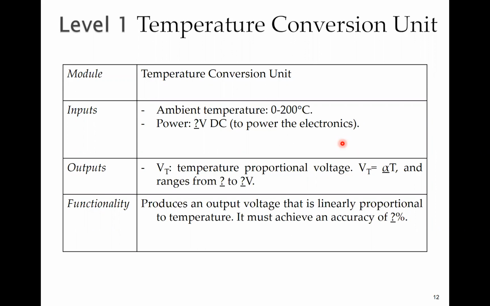That's an analog voltage proportional to the temperature with a coefficient alpha. We do not know the range of voltage here. We have to determine. Functionality, it produces an output voltage that's linearly proportional to the temperature, and it must achieve an accuracy of some unknown value here. We have to determine this. So that's the thing that we have to work on.